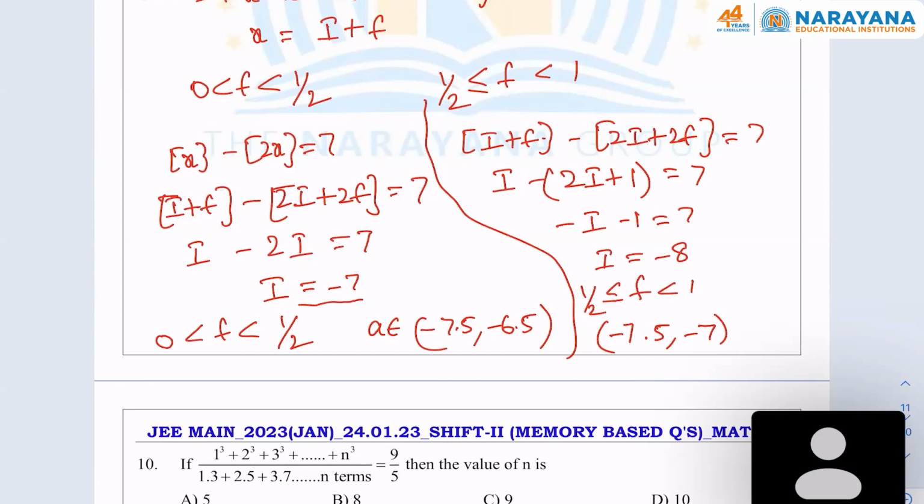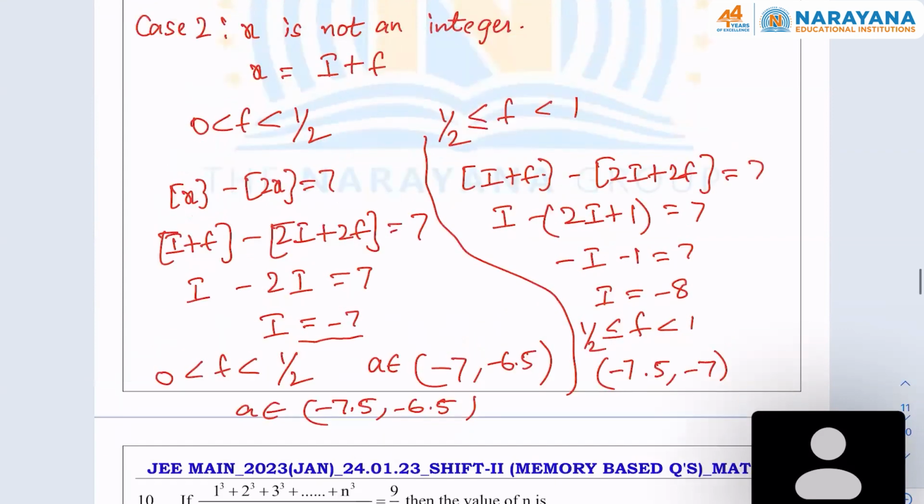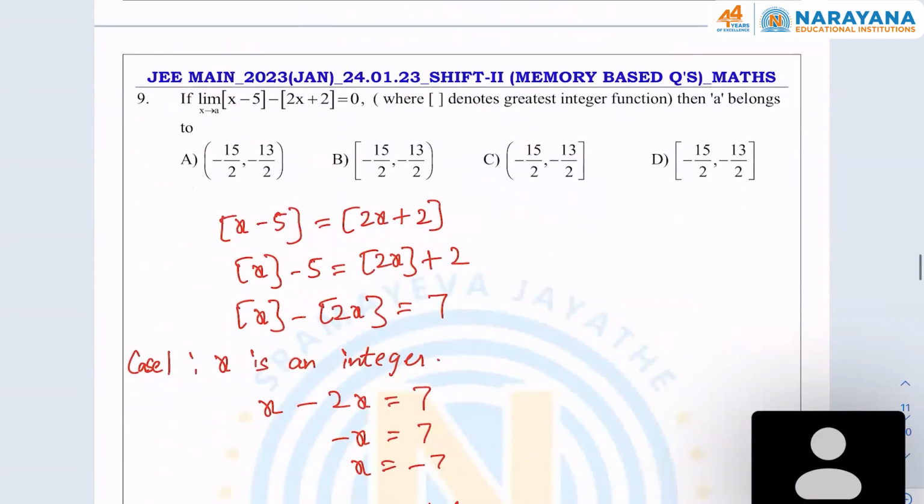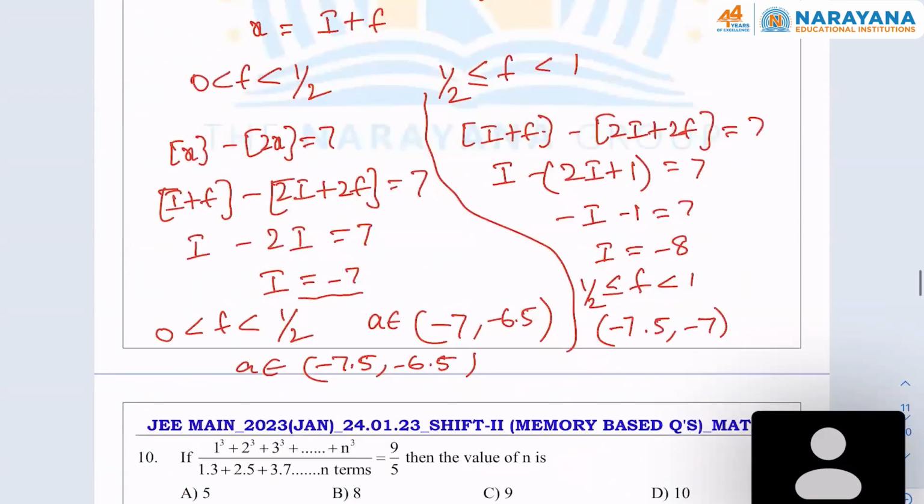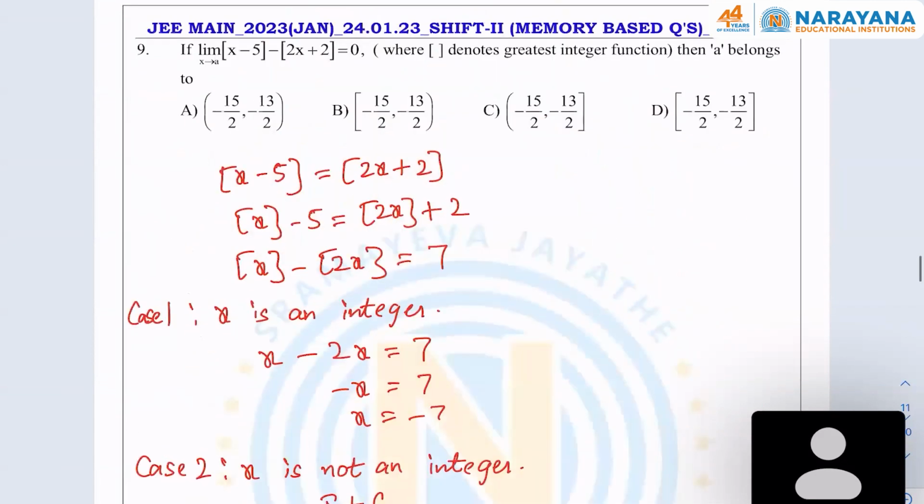So here the range of a is minus 7 to minus 6.5. So the total range is minus 7.5 to minus 6.5 we are getting. A belongs to this. So the answer is minus 7.5, which is minus 15 by 2, to minus 13 by 2. So option A is correct.